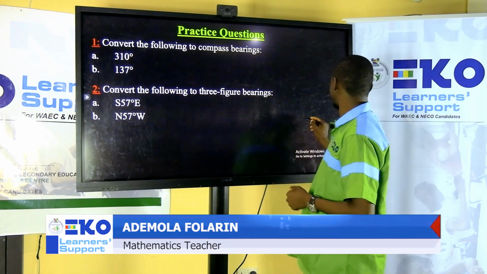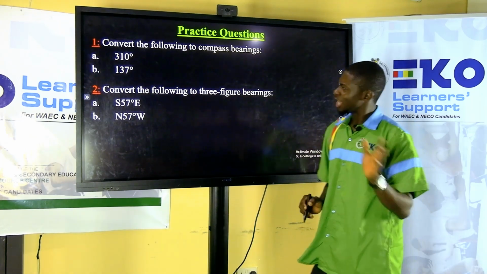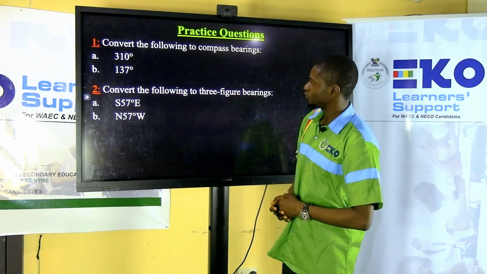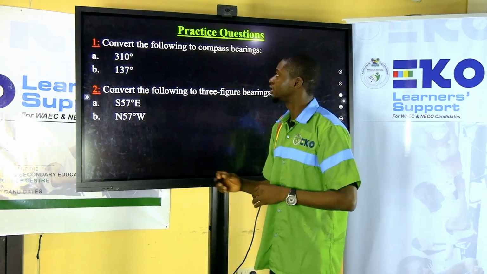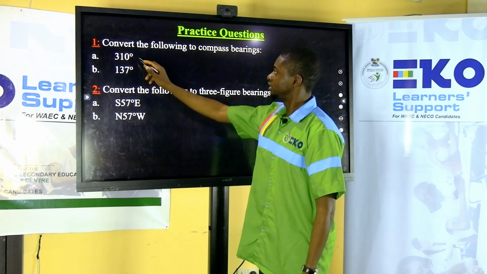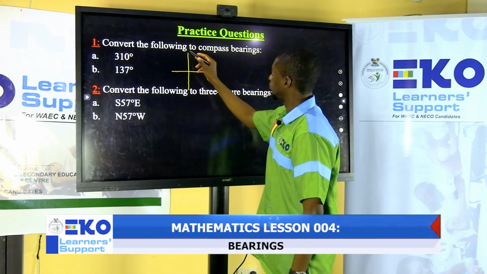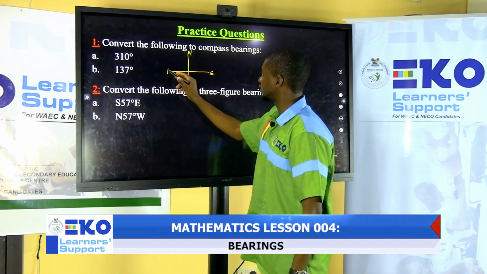The solution to this problem, I won't feed you with all, I will just take one. For the very first one, let me take this because it's a large number. Convert the following to compass bearing. So I told you earlier, from the north, east, south, west.